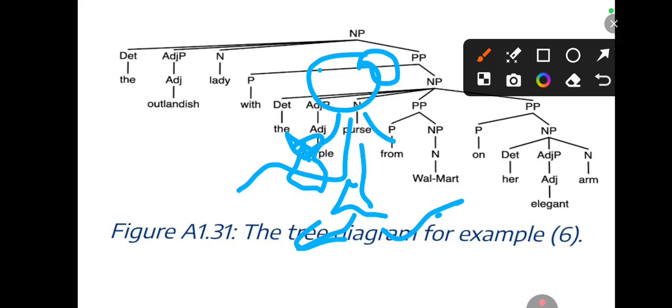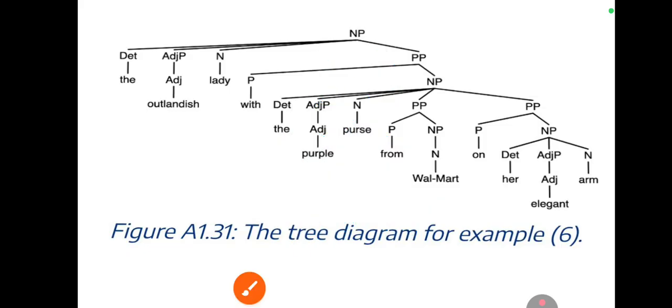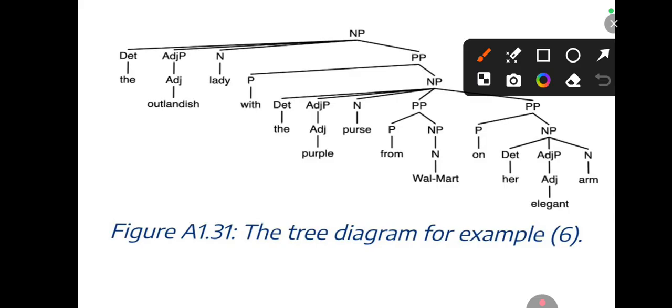This way we can imagine the lady. So here, what's the noun phrase? The noun phrase is divided into a first branch, "the", then adjective and noun, right? That's an adjective and noun, that's a noun and adjective.